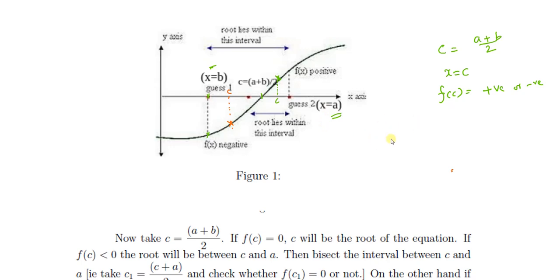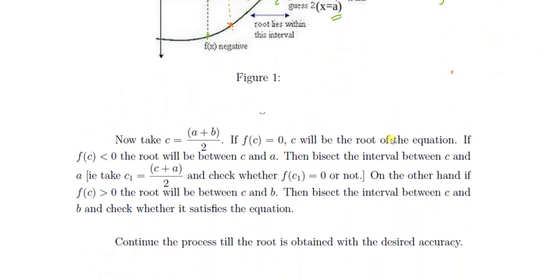Again, I have written here: now take c is equal to a plus b by 2. If f of c is equal to 0, then c itself is the root of the equation. If f of c is less than 0, the root will be between c and a, because we got already that f of a is positive and now f of c is negative.